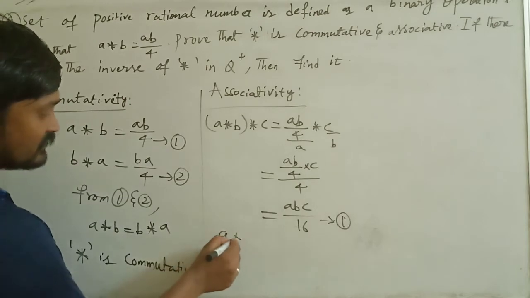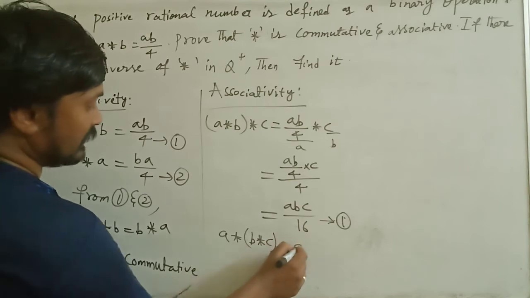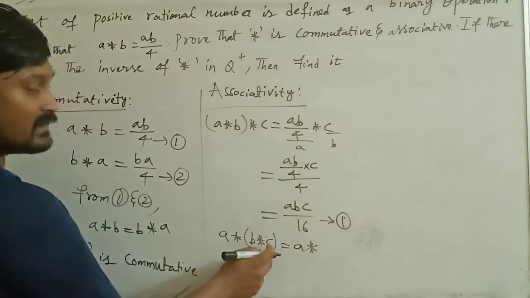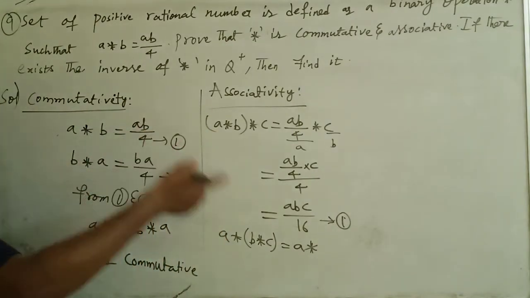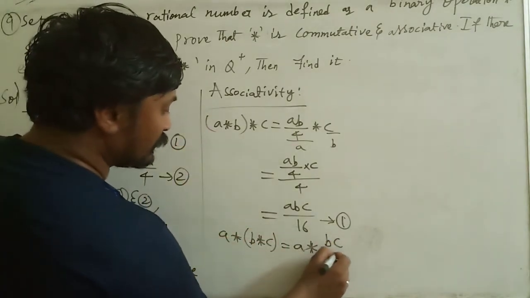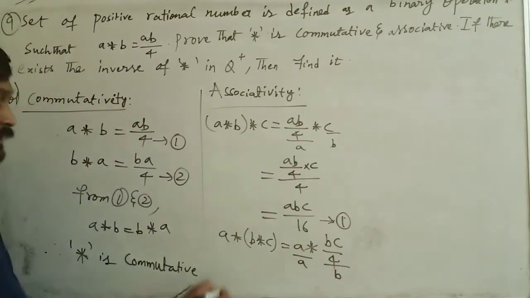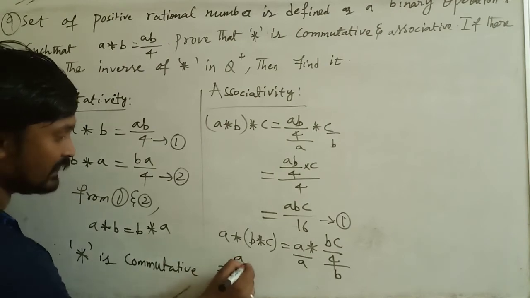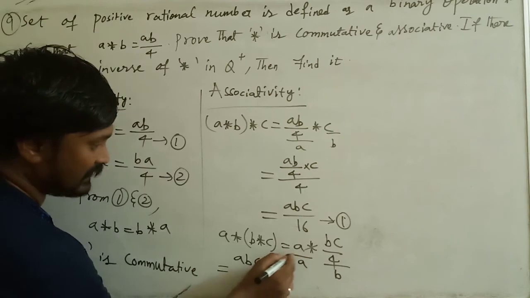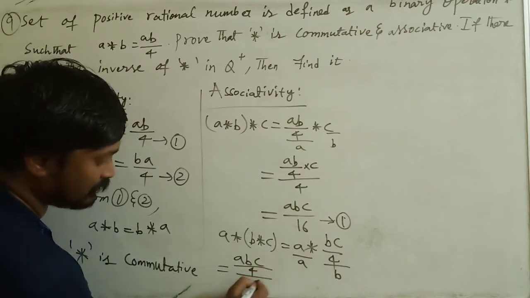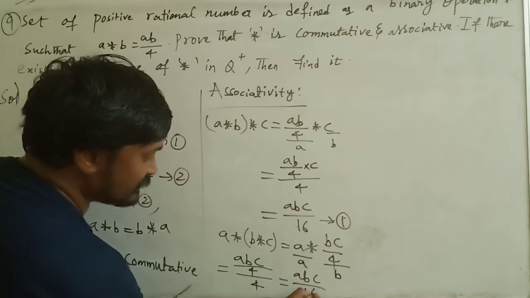Then again, a star (b star c). a star b means ab upon 4, then b star c means bc upon 4. Now again this is a and this whole is b. Then a into bc upon 4 upon 4, so that means abc upon 4 4s are 16.